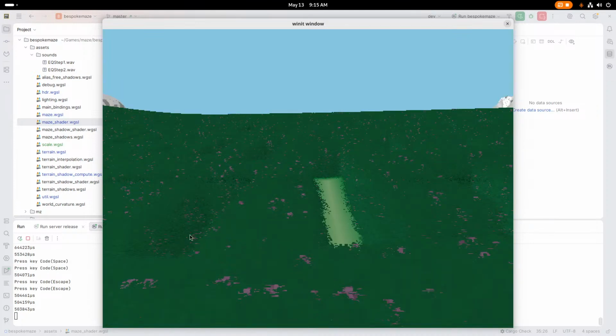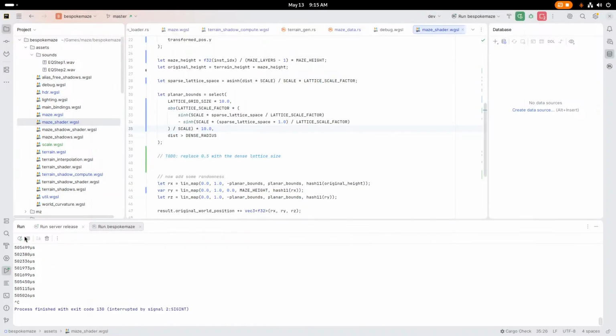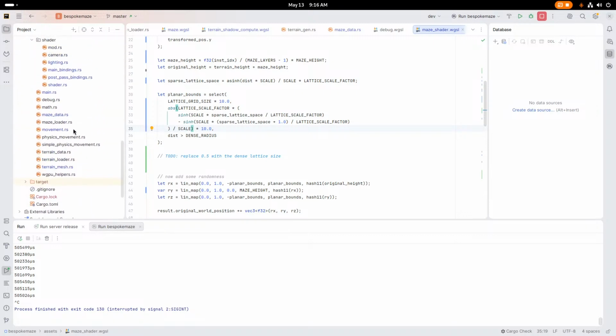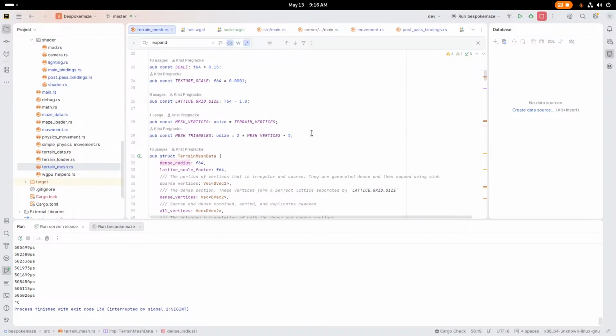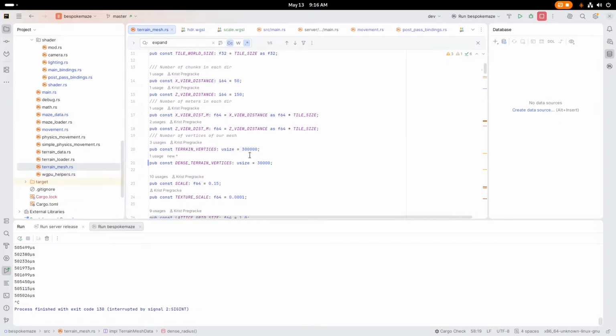Oh no. Okay. Oh no. Okay. Jesus Christ. Okay. Yikes. You know what? What if I lower the vertices substantially?